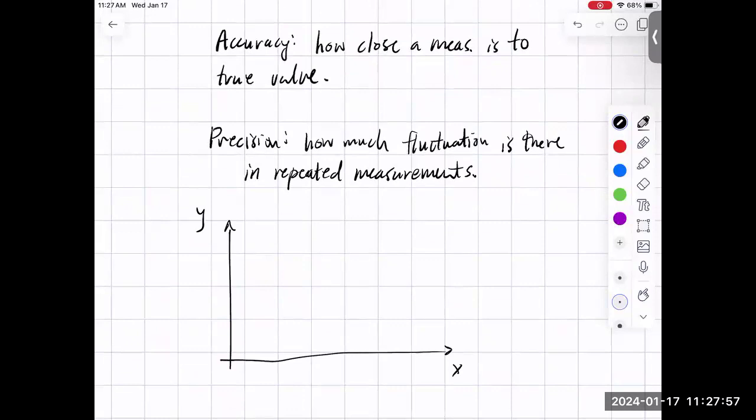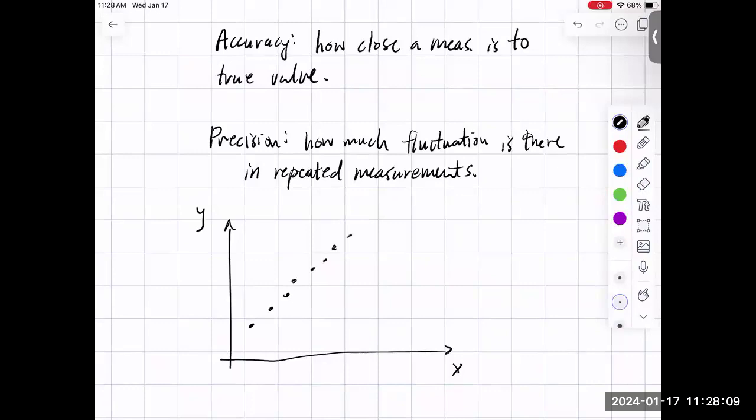And so maybe my data looks something like this. Well, actually, let's just draw them as little points here. Maybe there's some scatter in the data, but they follow this kind of linear trend. And then we compare that to some true value, which might look something like this.